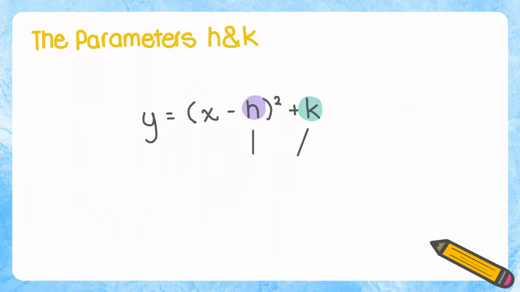So again, h and k are parameters. So they're not exactly variables in the sense that parameters have set values, whereas variables are unknown amounts. So these parameters have set values, and since they're not associated with any variable, they're actually constants. So they're just numbers.